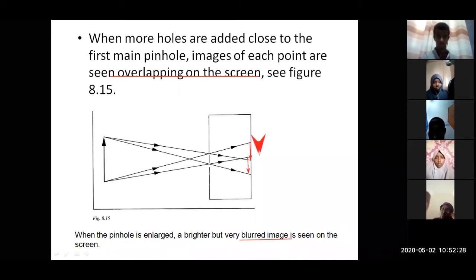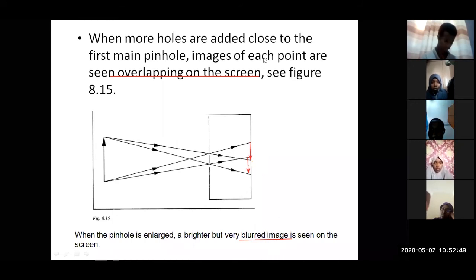So you can see the image could be large but blurred. It will not be very clear, as you can see in the diagram. So those very many overlapping images will add up together to form a very large image, but it will be blurred. It will not be clear.